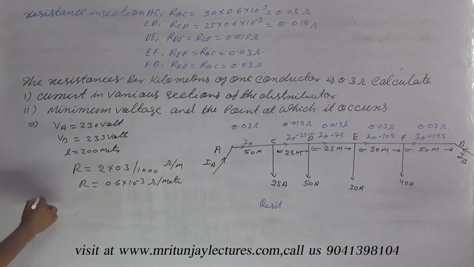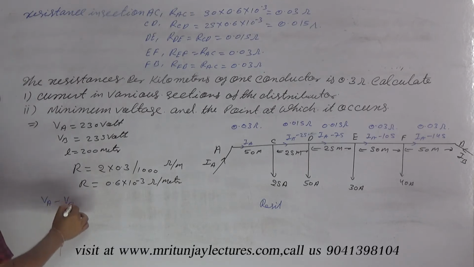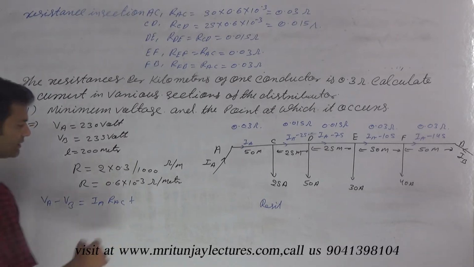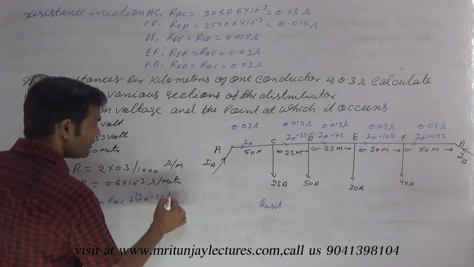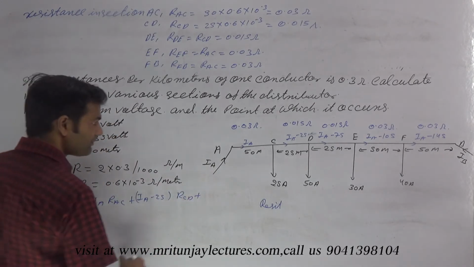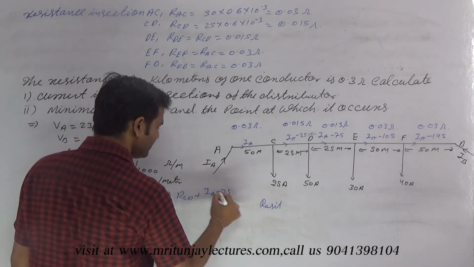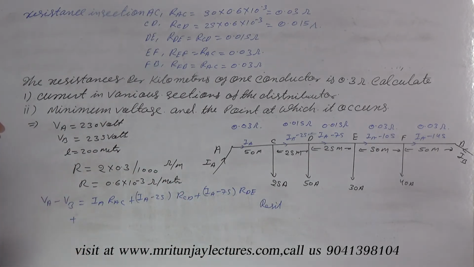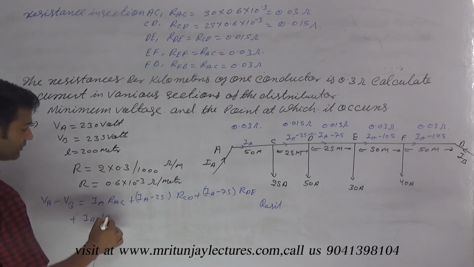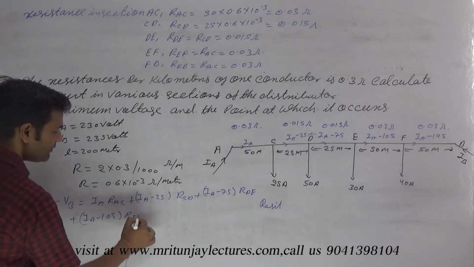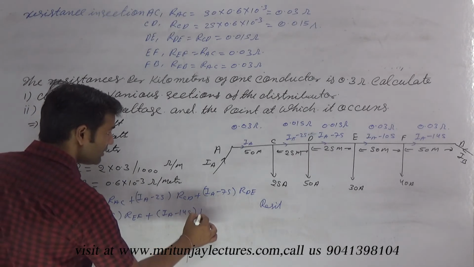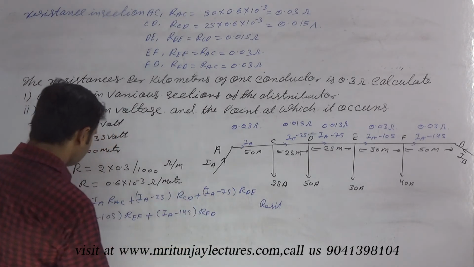So VA minus VB equals IA into R of AC plus IA minus 25 into R of CD plus IA minus 75 into R of DE plus IA minus 105 into R of EF plus IA minus 145 into R of FB.